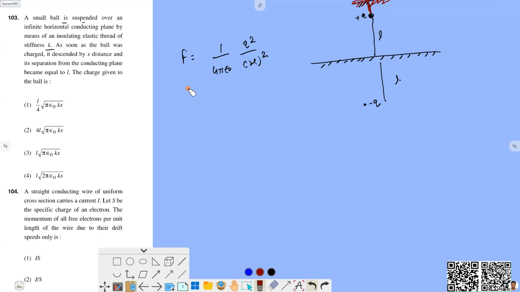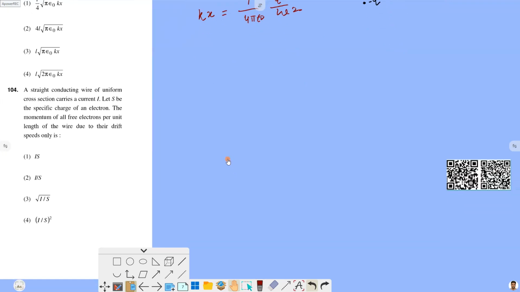So due to this force, there will be an extension in that thread, and that can be written like a spring, that is K times x, and that will become equal to 1 by 4 pi epsilon naught Q square by 4L square. And from that we can calculate the value of Q. But we are going to skip this question. Now moving ahead to question 104.